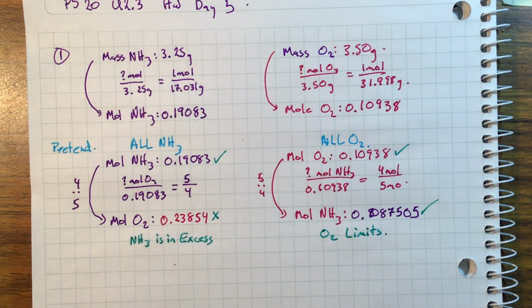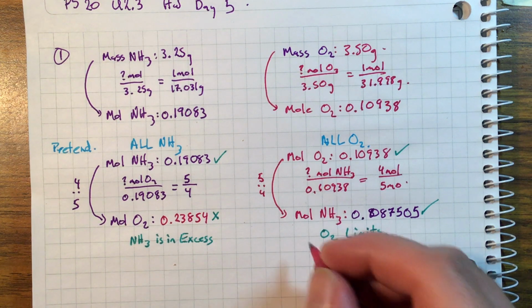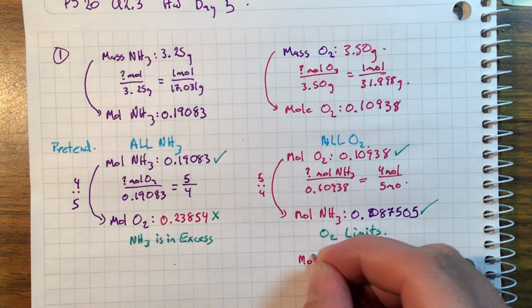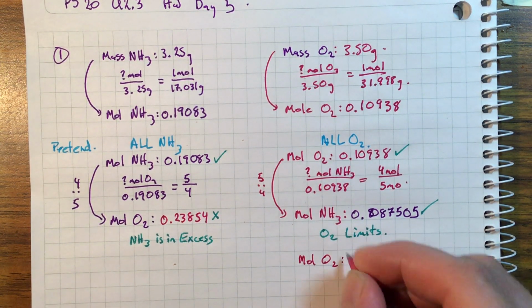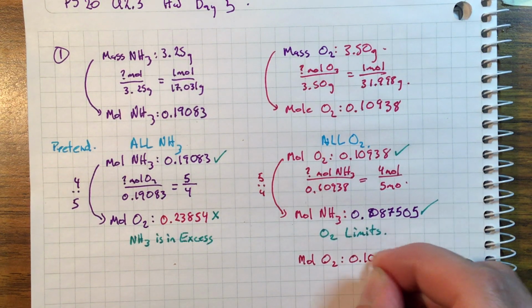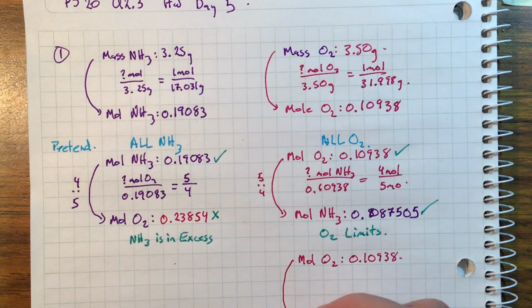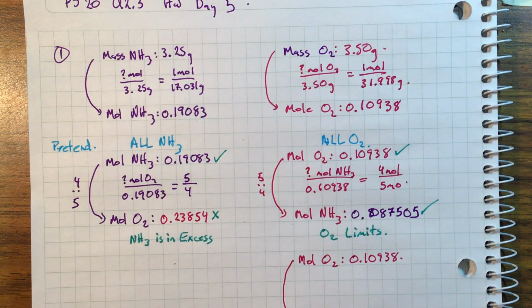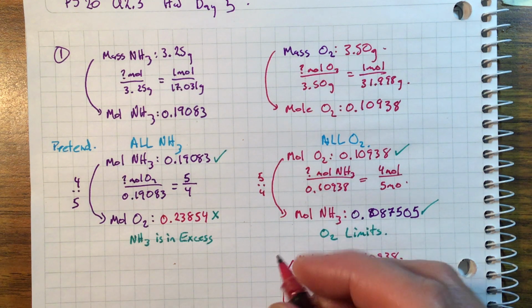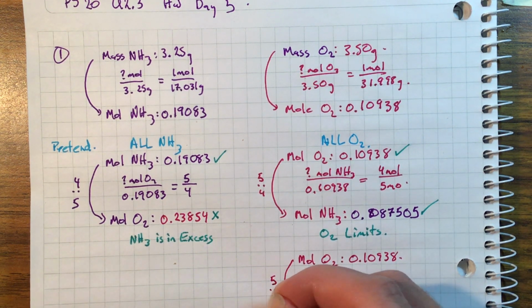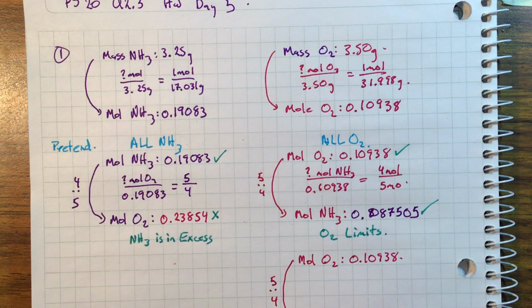Okay, so we're going to continue with the O2 track down to figure out our moles of, our grams of NO. So we've got our moles of O2 that we're working with, 0.10938. We're going to go to our moles of NO using our molar ratio. Our molar ratio is 5 O2s to 4 NOs.